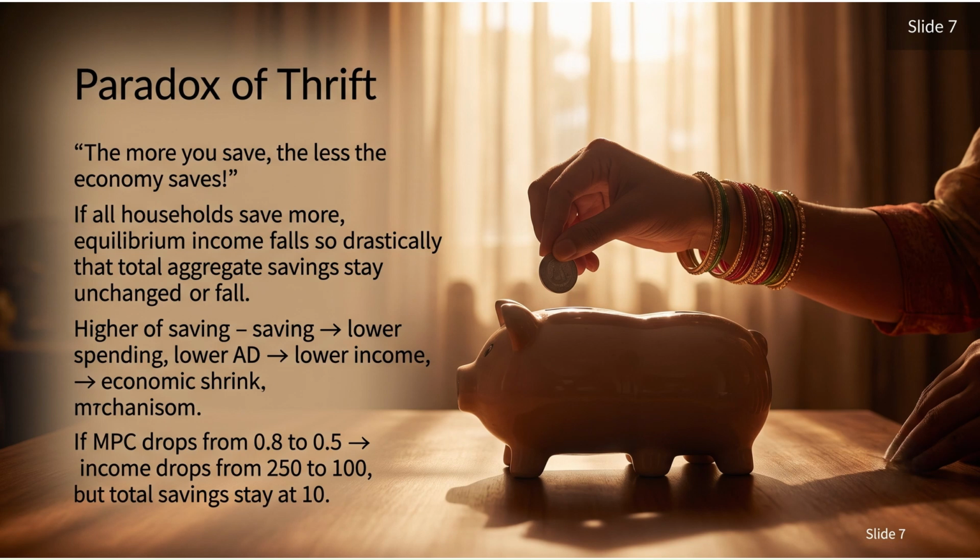It reduces spending, crashes national income so severely that total aggregate saving in the country stays completely flat or even falls. Individual virtue, when practiced by everyone simultaneously, can shrink the entire economic pie. A kind of a curse.